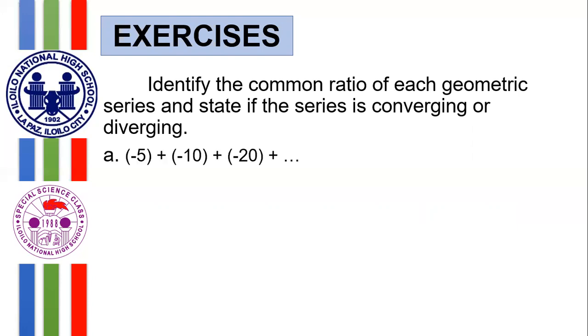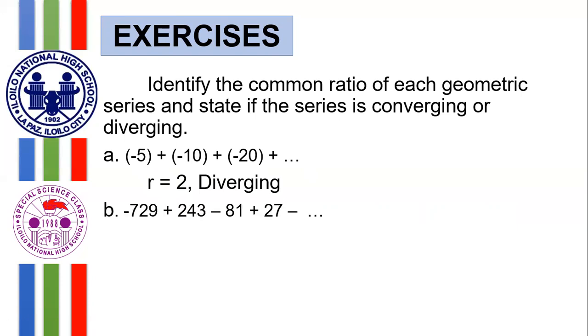For example, if I have negative 5 plus negative 10 plus negative 20 and so on, you could see that if you divide negative 10 by negative 5, that's positive 2. Negative 20 divided by negative 10, it's 2. So you see, the common ratio here is 2, and the absolute value of 2 is greater than 1. Hence, this series is diverging.